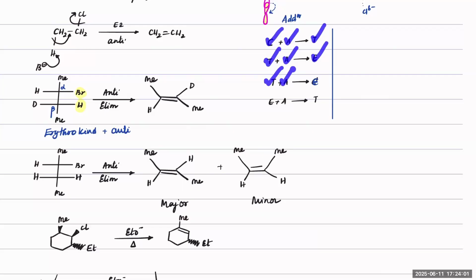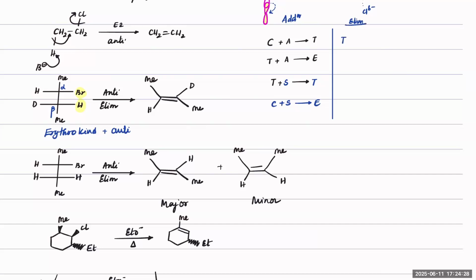Trans plus syn will give you threo, and cis plus syn will give you erythro. This is the form we learned for addition. What will it be for elimination now? It should be exactly the reverse of it.